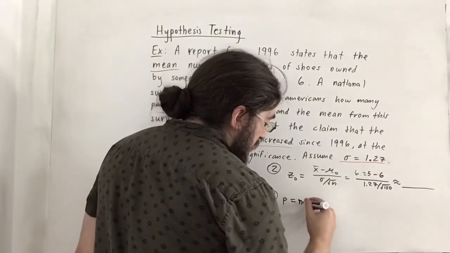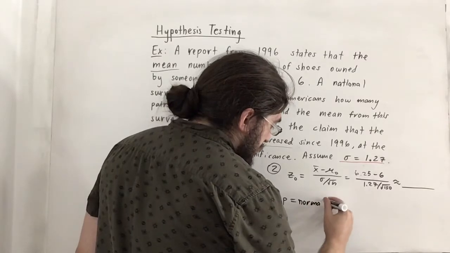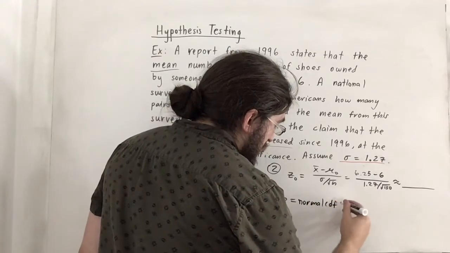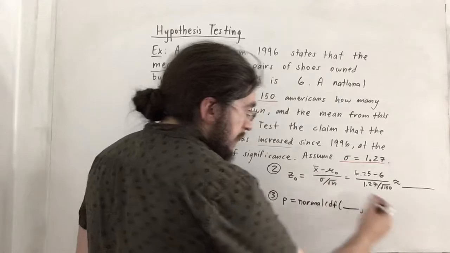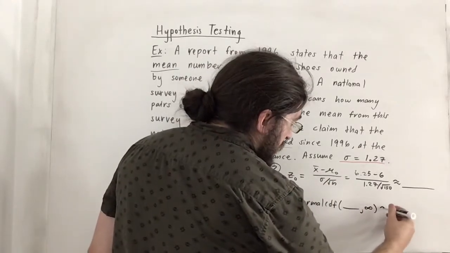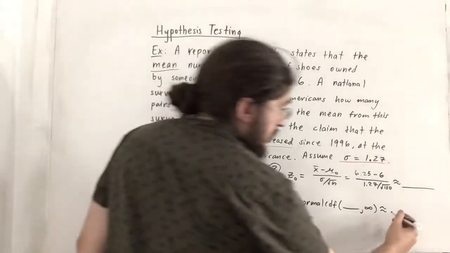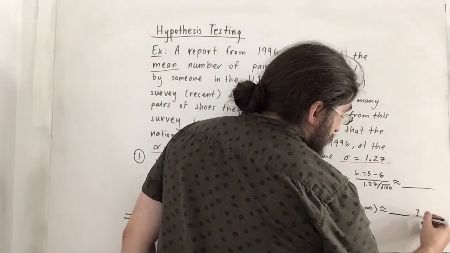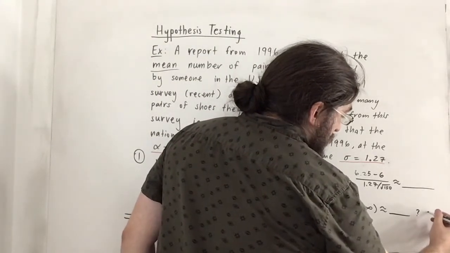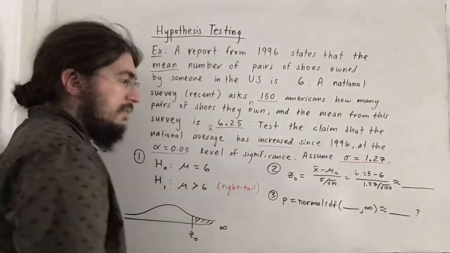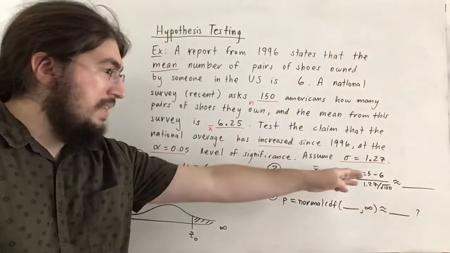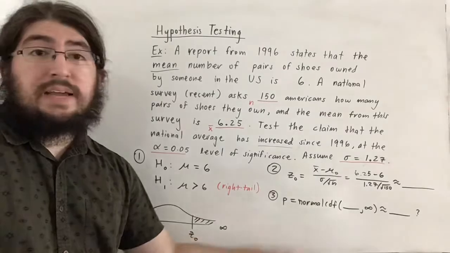So this is going to be normal CDF of the value we got from step 2 to infinity, and we'll see what we get here. Then after we get this value, we want to see if that is bigger than or equal to alpha. I'm kind of getting ahead of myself, but let's find this first, then we'll plug it into normal CDF and see what we get.